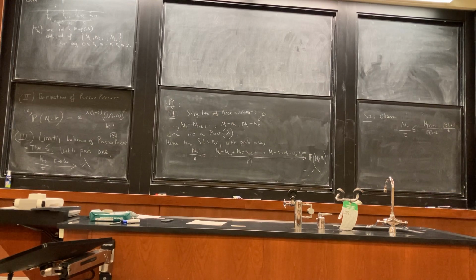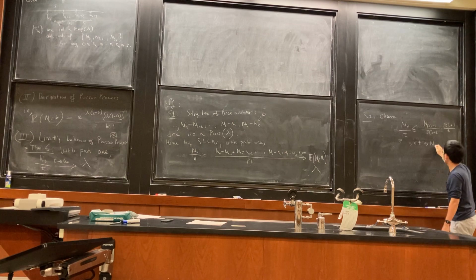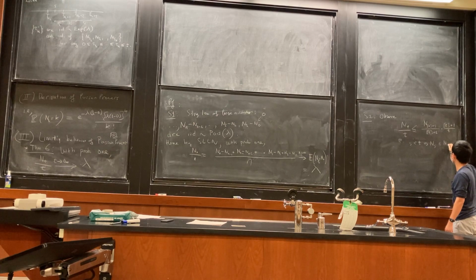This holds because if I have s less than t, then the number of guests inside 0 to s is always less than the number of guests up to time t.